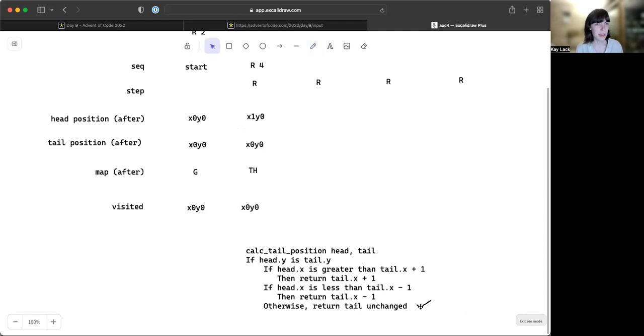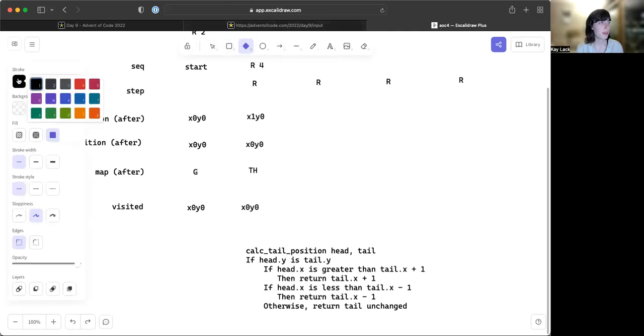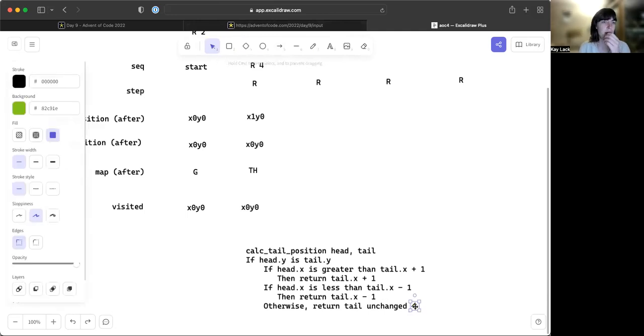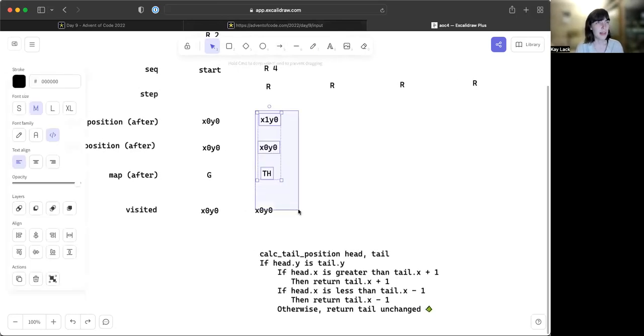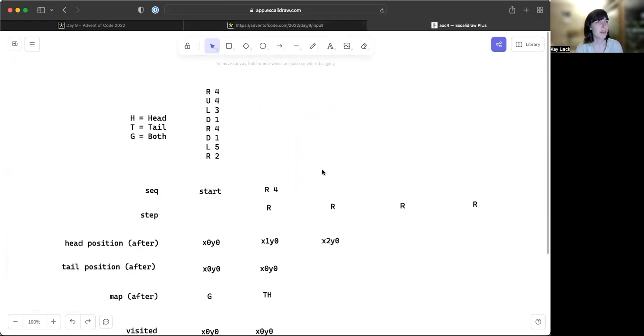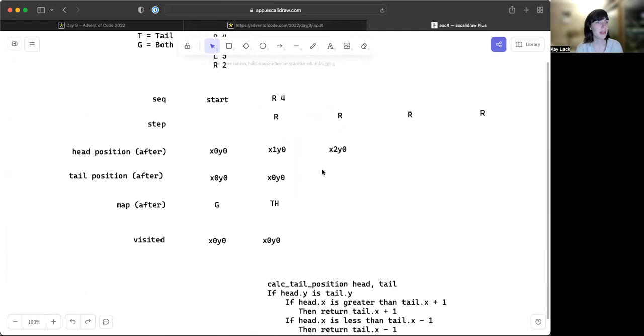Let's put a green mark by it. Then let's move on to the next. It can just move up, down, left, and right. Yeah, it can.